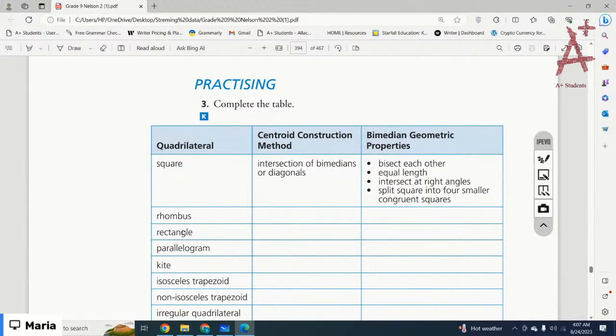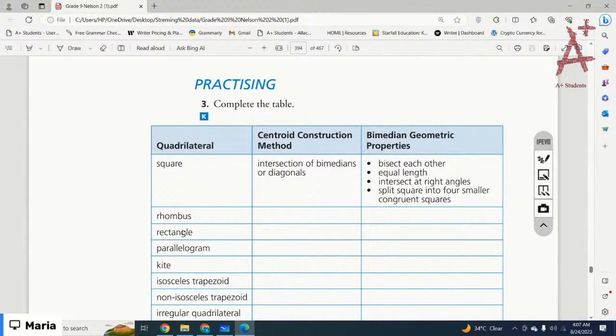For the square, the intersection of bimedians is the same as the intersection of diagonals, and the geometric properties are: they bisect each other, they are equal in length, they intersect at right angles, and they split the square into four smaller congruent squares.